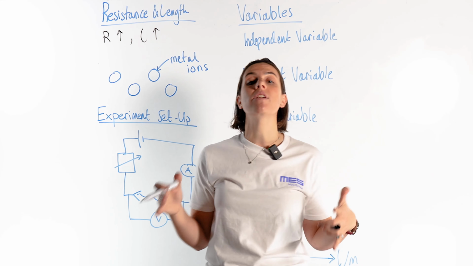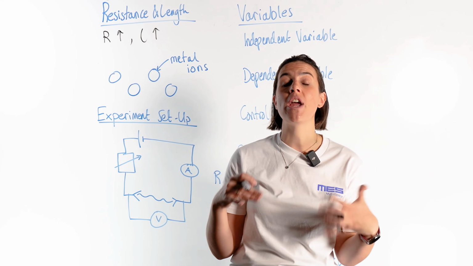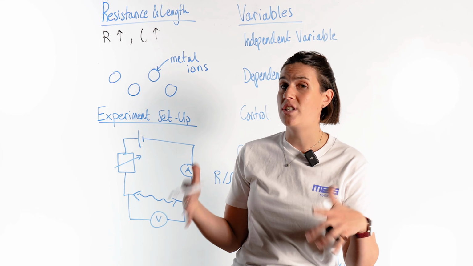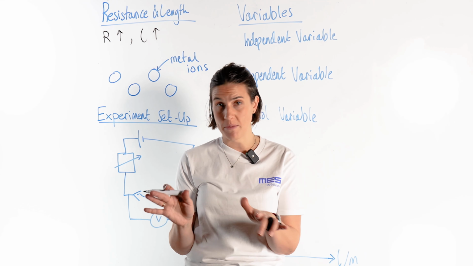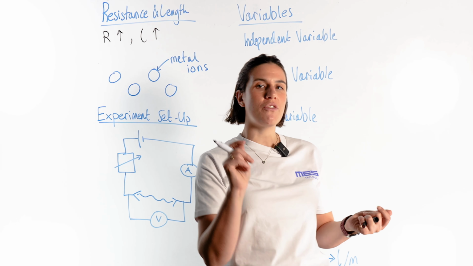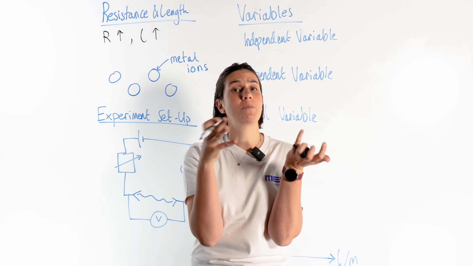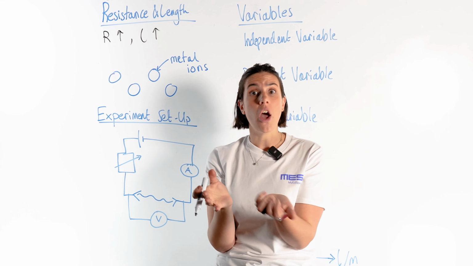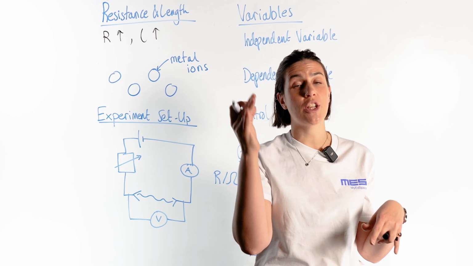One of the main reasons we use metals as our wires is because they're really good conductors of electricity. They're really good conductors because they've got delocalized electrons, which I'm sure you remember from chemistry. If you just need a quick refresher, they are the electrons that float around. They're not attached to a particular atom, but they can float in and out of all the ions, and this is what makes metals such good conductors of electricity.